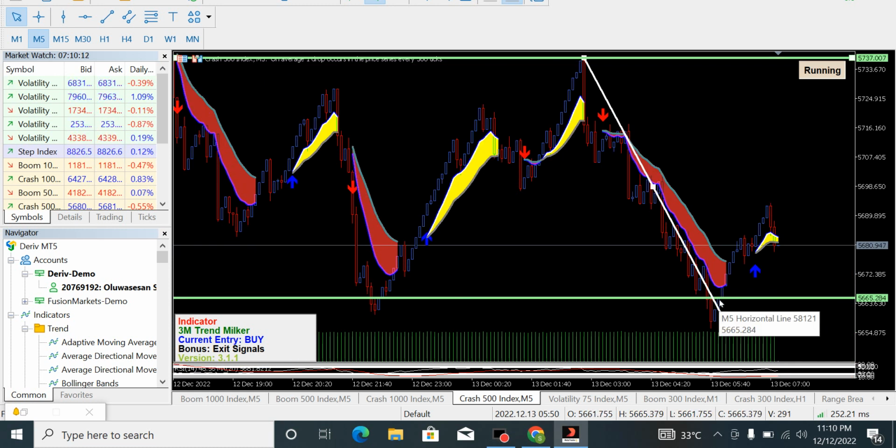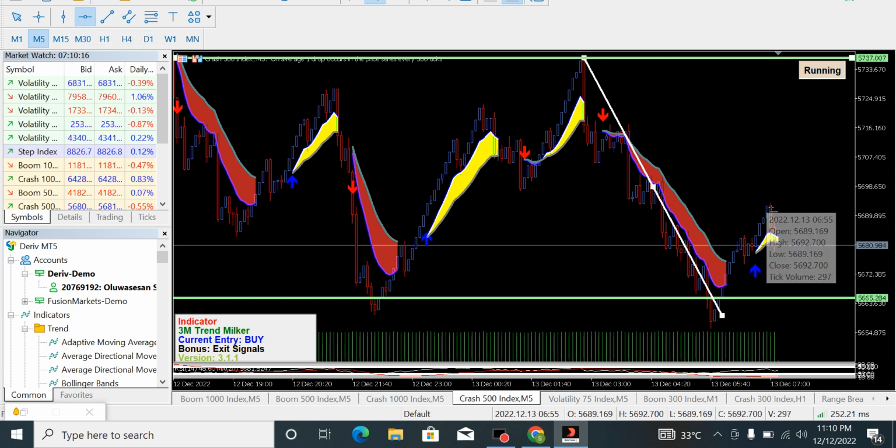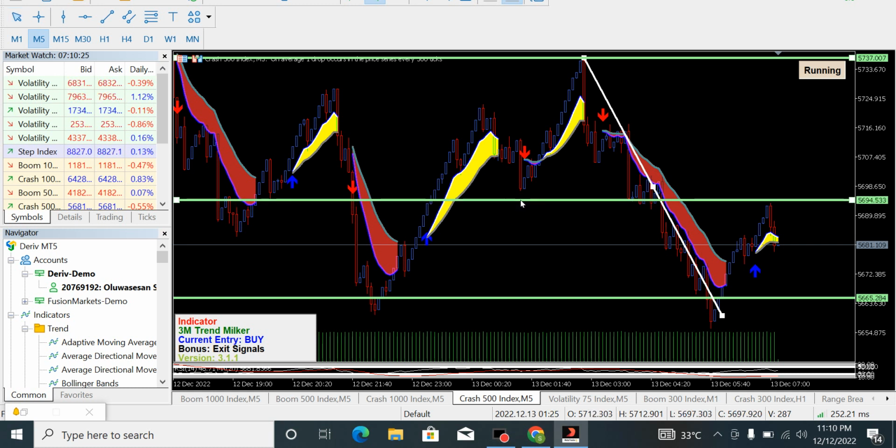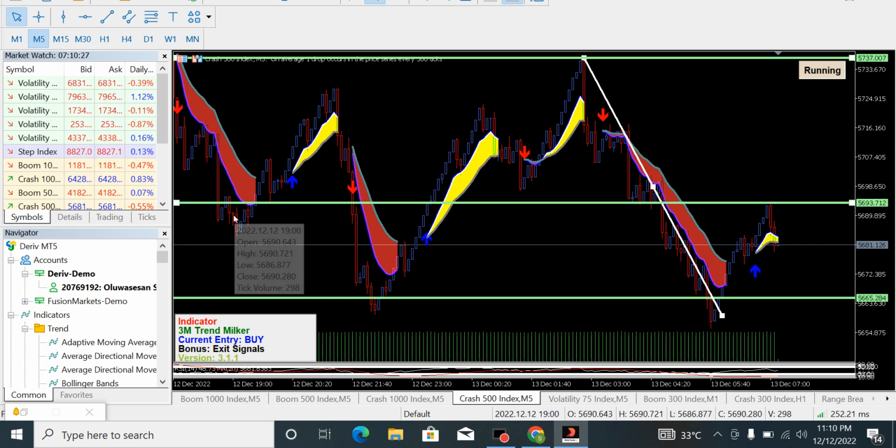When you understand this, then you will be able to milk the market successfully. So you know when to trade the spike and you know when not to trade the spike. You can see this also around there. You can see it crash around here, and it also crashed around here. So history will always repeat itself.